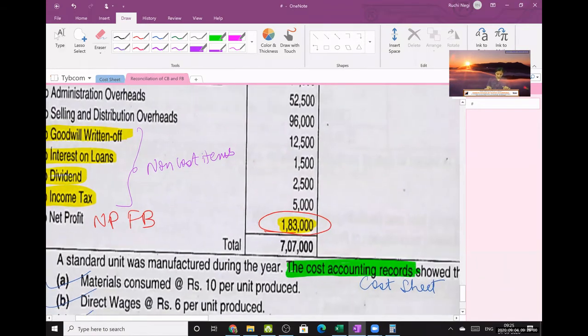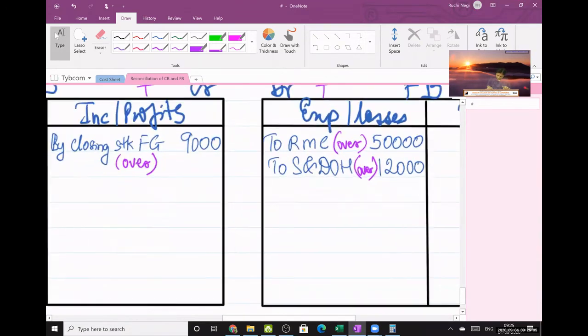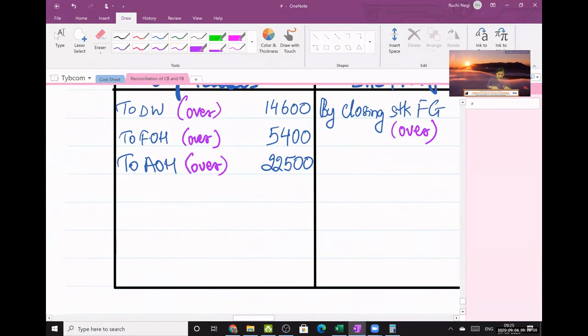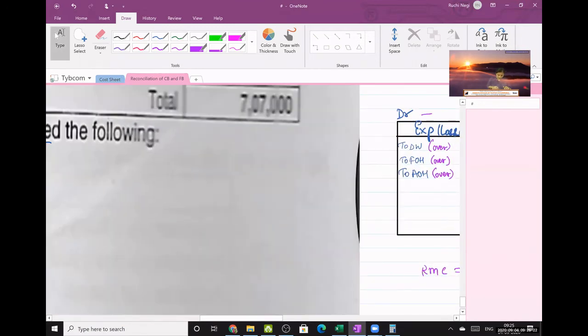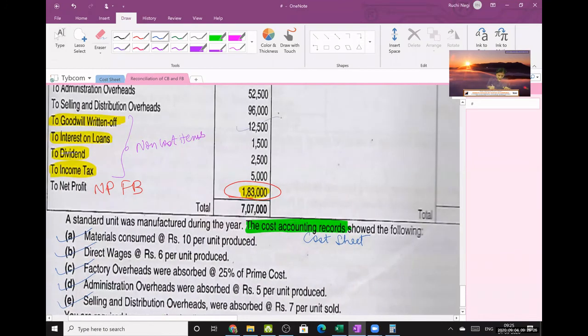Okay. So लिखो. So goodwill written off. These are the short forms. Goodwill written off. How much? 12,500.